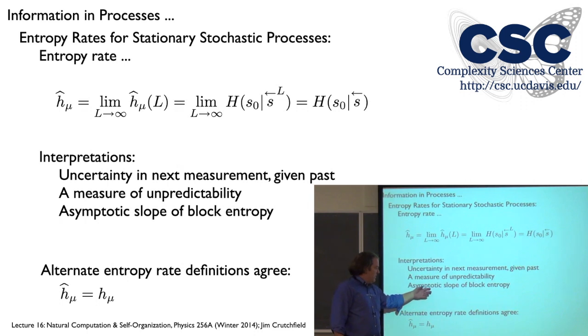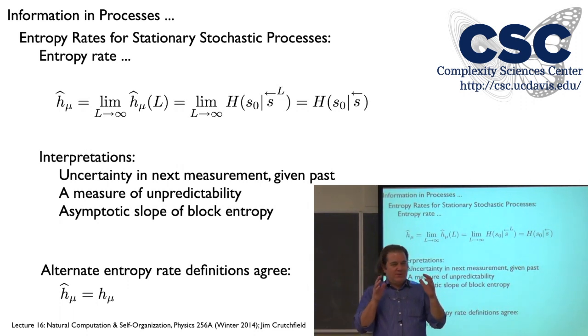The geometric picture is it's just the asymptotic slope of the block entropy. And you can show that the original block entropy over L definition and this conditional entropy definition agree at infinite L. Right, so I have two, if you'd like, estimators.